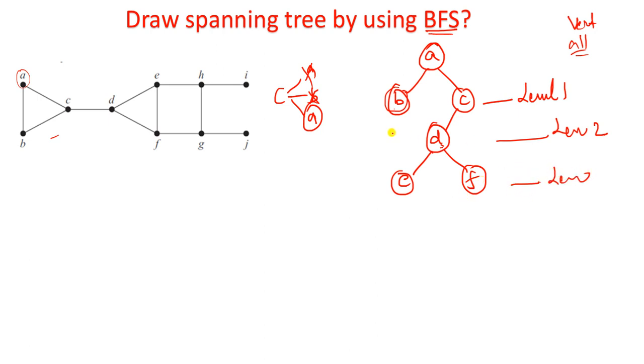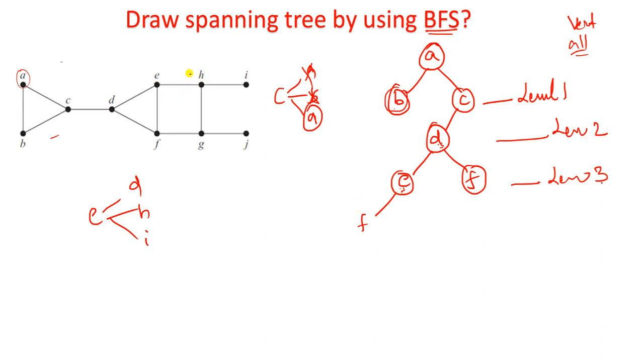Are there still any elements pending in level 2? Only one element is there. We explore this one and come to level 3. What is the element we have? E. Explore E. E has connections with D, H, I. D is already visited, so we should take F. F is also visited, so we should not take it.